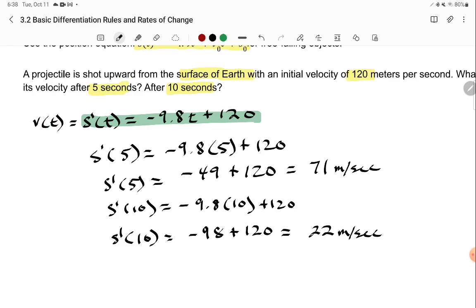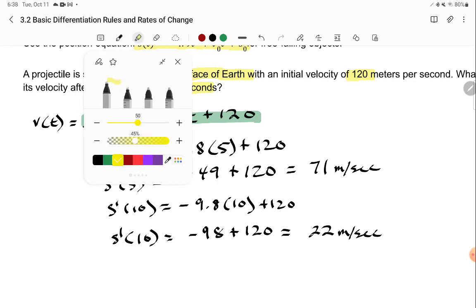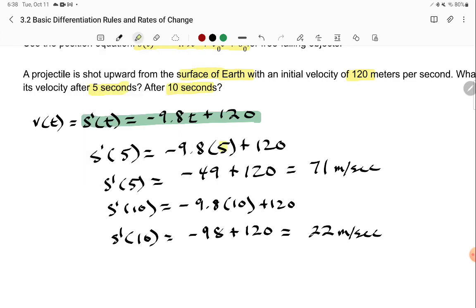So this gives us the speed at any given time, and we want to know the speed at two specific times, 5 seconds and 10 seconds. And so when we plug those into our velocity equation, you get 71 meters per second at 5 seconds, 22 meters per second after 10 seconds.